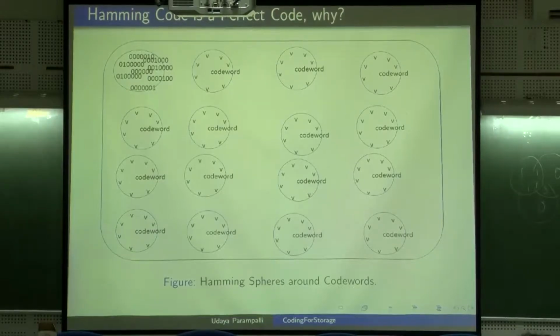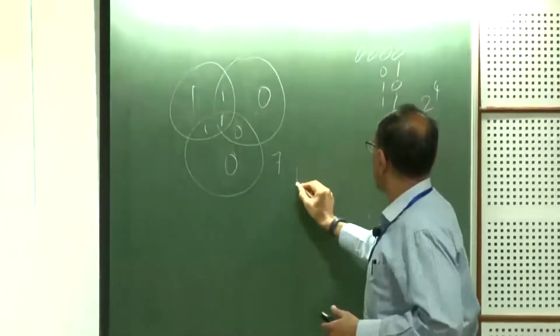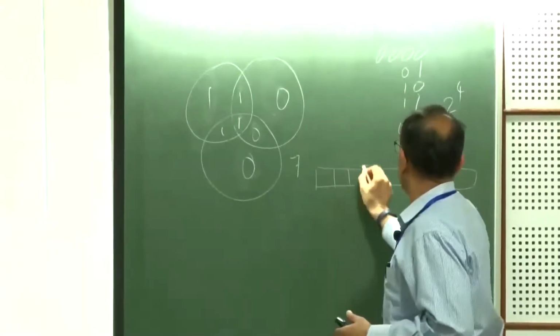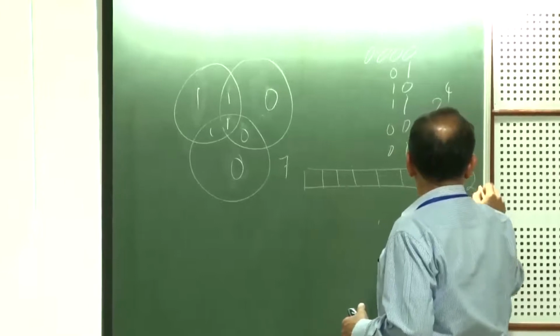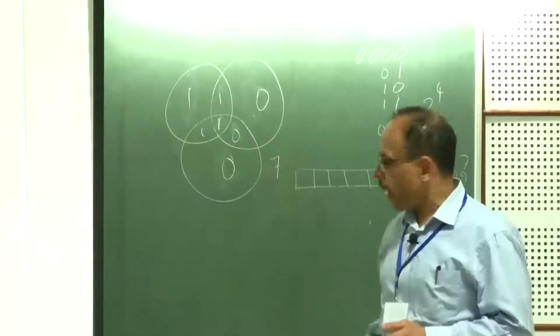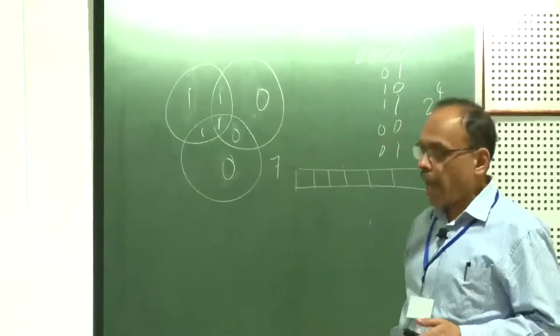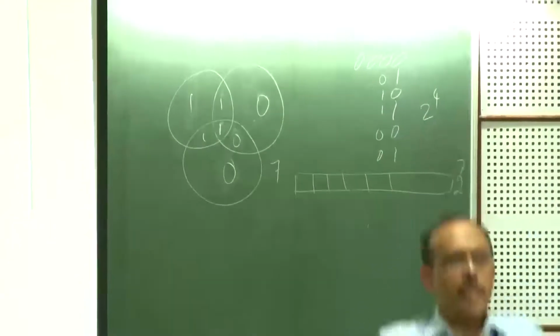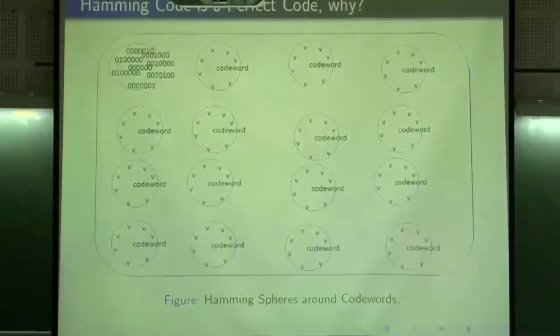There are 2 to the power of 4 different messages, and all of that will be encoded into length 7, which has 2 to the power of 7 different words. Around each code word I am allowed to look for the patterns that are at a distance 1, 2 and so forth, and create a sphere.